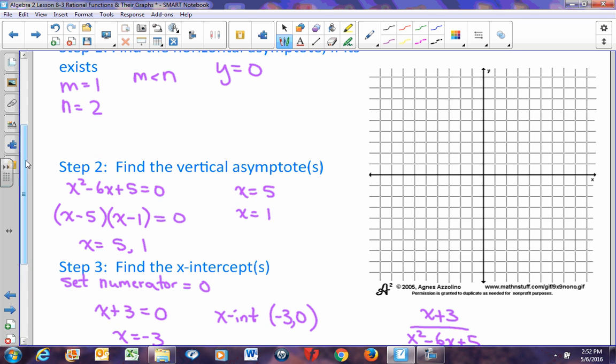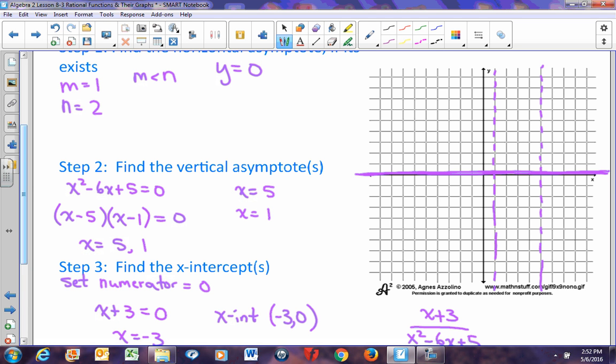So the first thing I'm going to do is graph my asymptotes. I have a horizontal asymptote of y equals 0, so I'm just going to draw a nice thick line there so that I remember in my brain that that's a horizontal asymptote. Then I have vertical asymptotes at x equals 1 and x equals 5. So there are my asymptotes, which means I could have graphs in 6 different places.